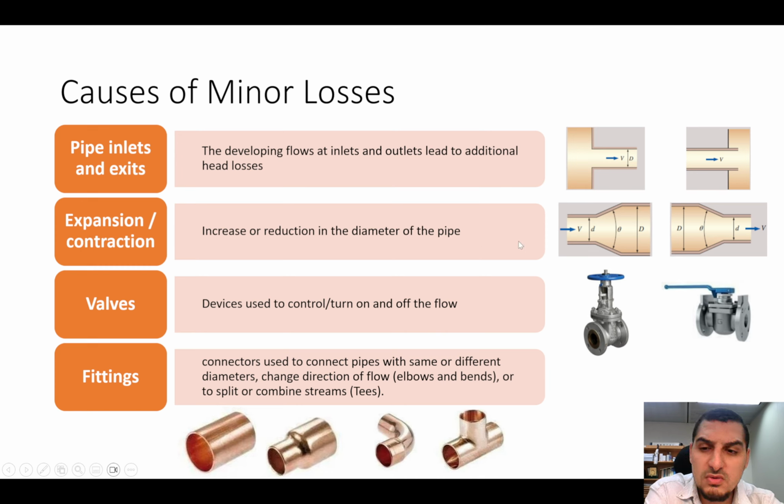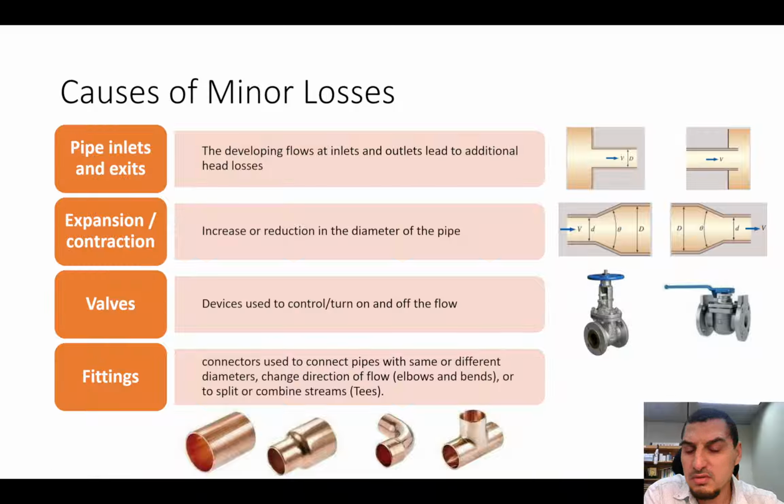There is what's called expansion and contraction, whether it's sudden or gradual. Expansion is when the flow is going in a pipe with a diameter, and it goes to a larger diameter. Contraction is the opposite, from larger diameter to smaller diameter. There are valves, which are devices that turn on and off the flow or control the flow.